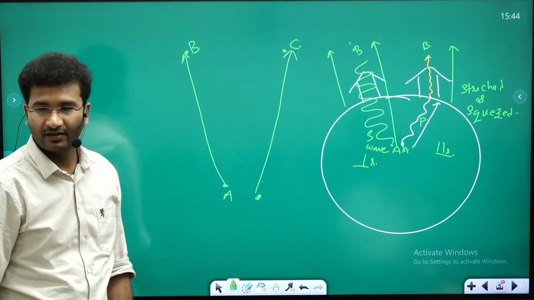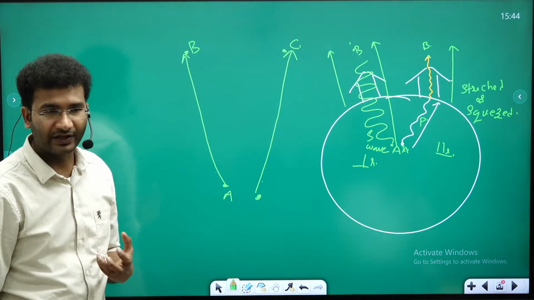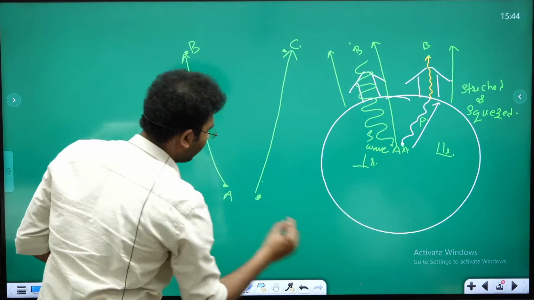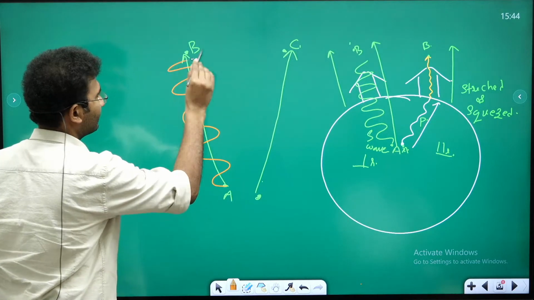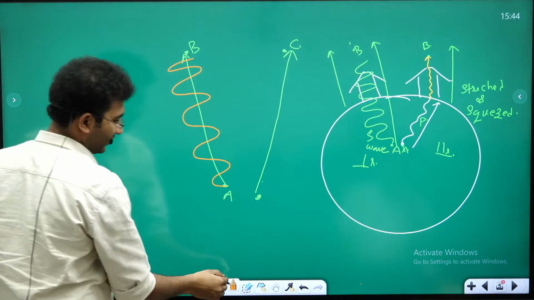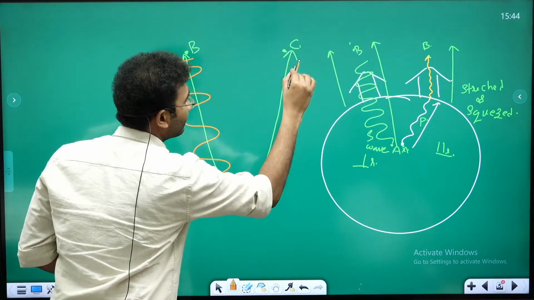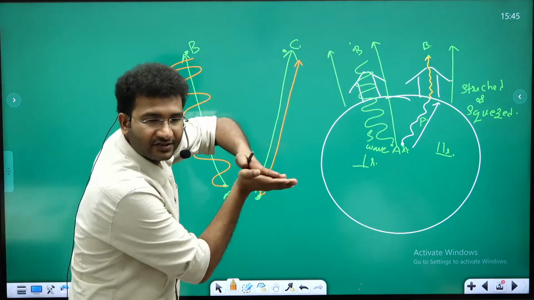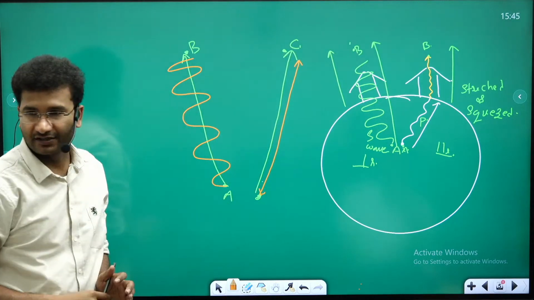But look at the materials which are squeezed or which are moving. In this, the materials will be moving like this. But here, the materials will be stretched and squeezed. That means they stretch and they squeeze, but here, the materials get shaken.